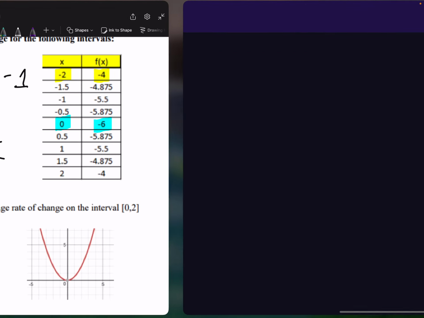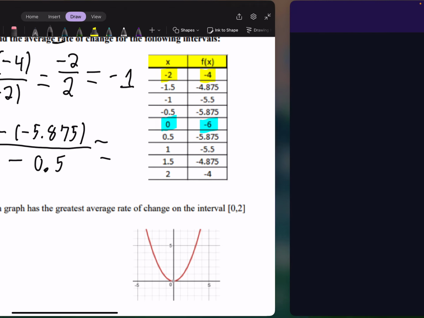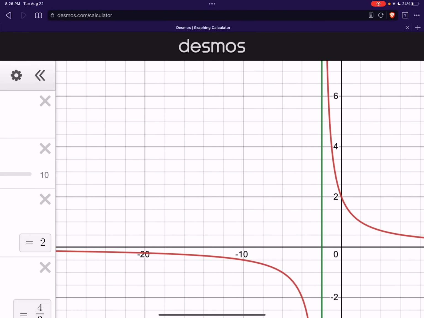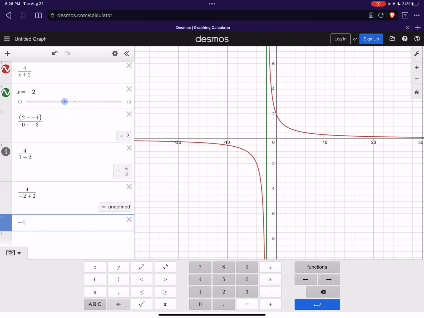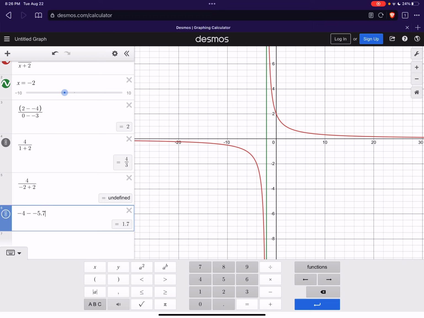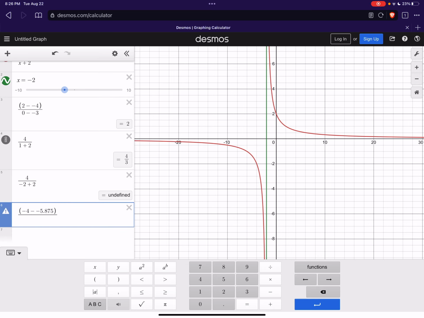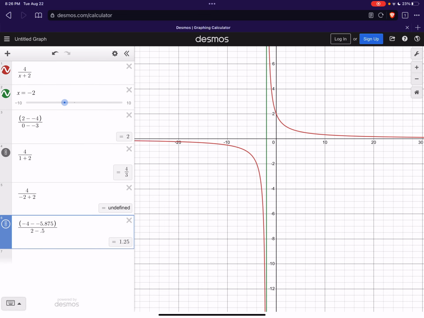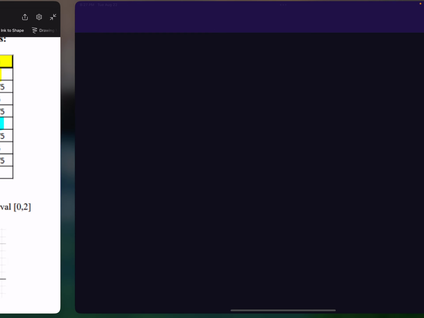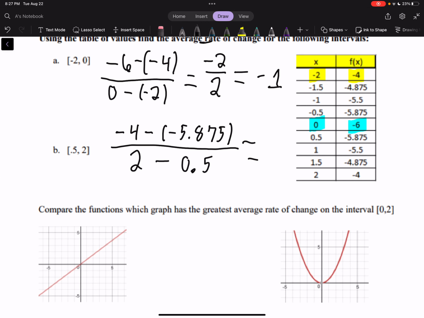And we're going to get 5.875 divided by 2 minus 0.5. That's 1.25, as a fraction, 5/4. Our answer for the rate of change of B is 5/4.